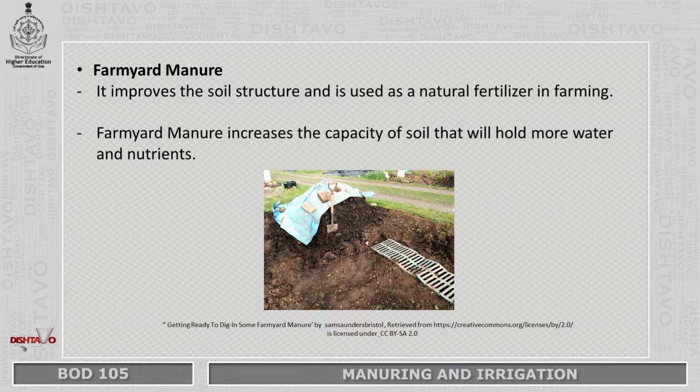Farmyard manure improves the soil structure and is used as a natural fertilizer in farming. Farmyard manure increases the capacity of soil to hold more water and nutrients. In this picture, you can see the farmyard manure, which can be used.